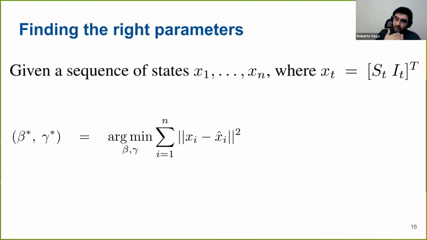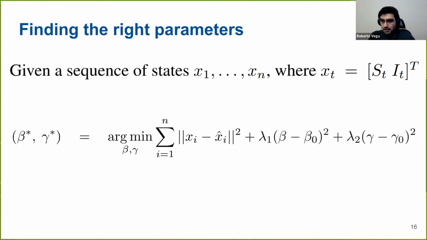Now, there are cases, and mainly when we have very few instances, for example, when we have only 1 or 2 weeks of data, where this estimation is not going to be very accurate. So if we want, we can incorporate a prior. If some people from the epidemiological side know what are feasible values for beta and gamma, then we can incorporate this as a regularization term, where we are going to penalize deviations from that.